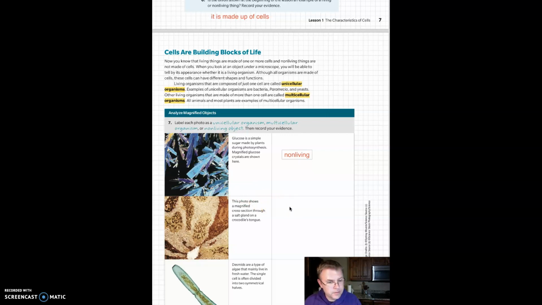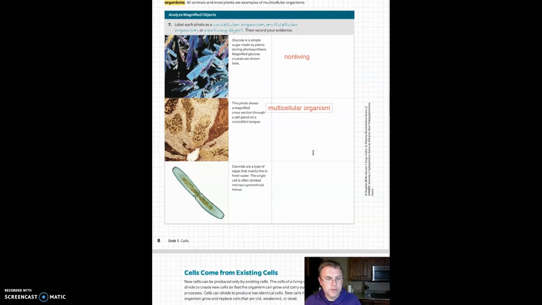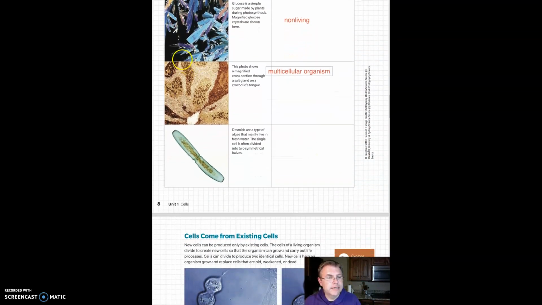The next one that we have down here, what is this? A salt gland on a crocodile's tongue. Well, probably without knowing too much about what's going on inside the mouth of a crocodile, you can come up with a crocodile being a multicellular organism. And then finally, as we keep moving down, we have our desmids here, which are a type of algae.